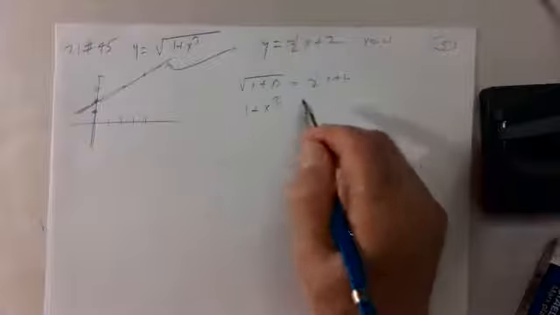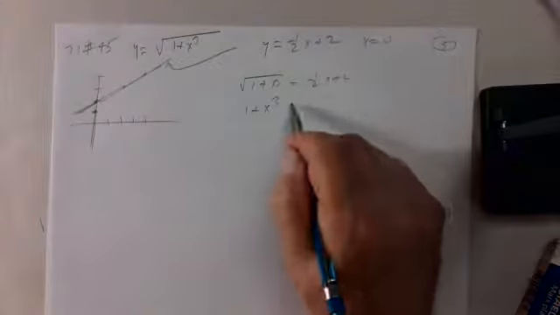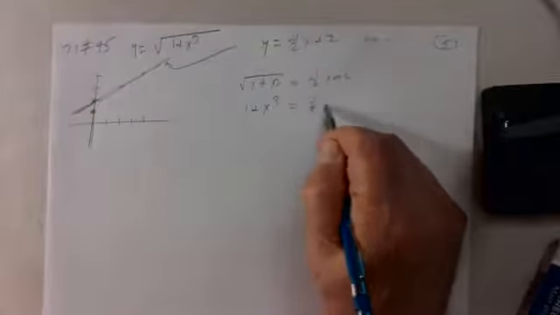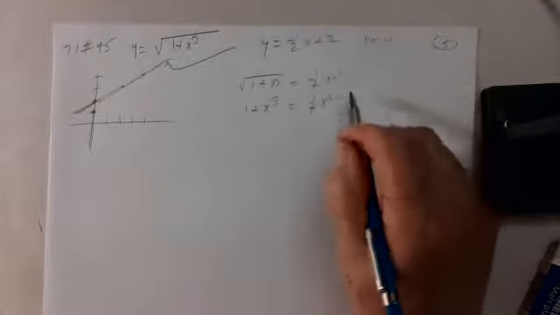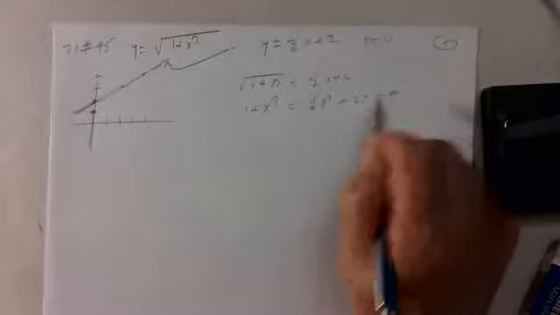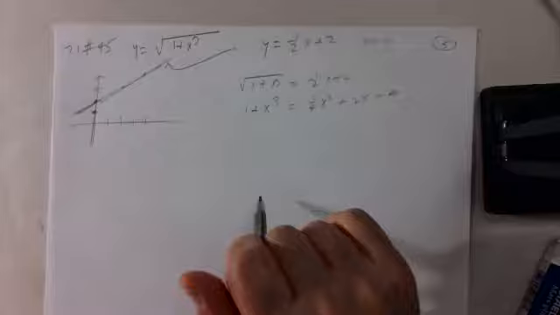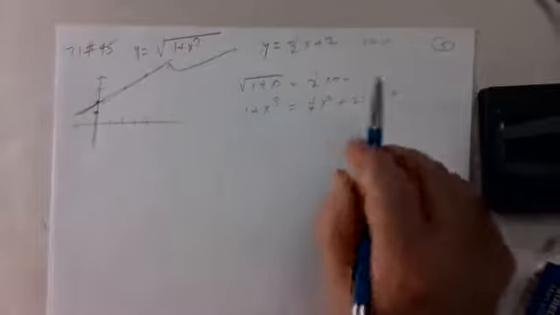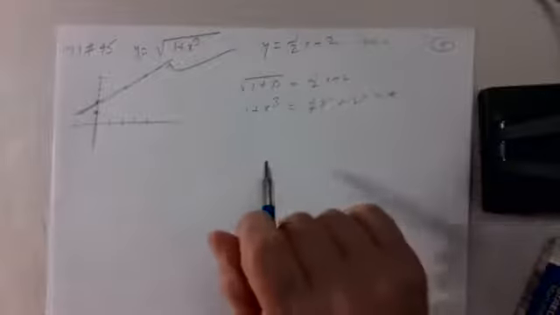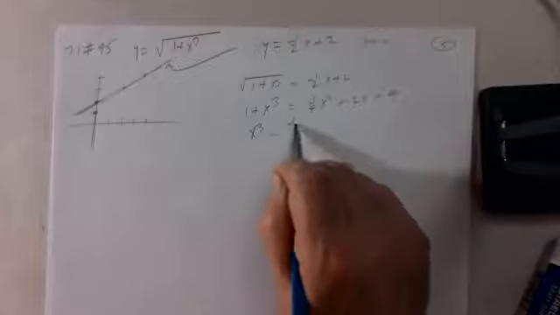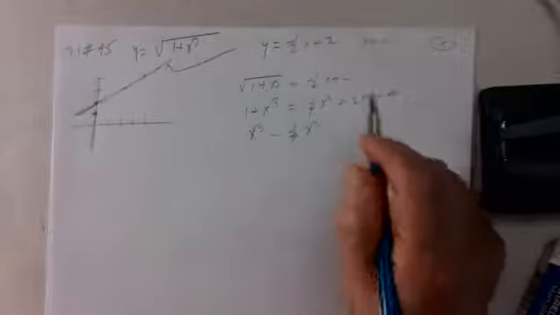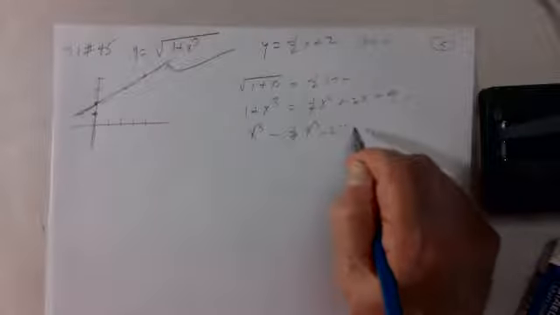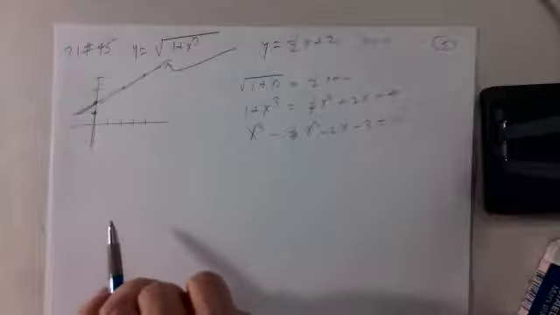So if we square both sides, 1 plus x cubed is equal to 1/4 x squared plus 2x plus 4. Or x cubed minus 1/4 x squared minus 2x minus 3 equals 0.